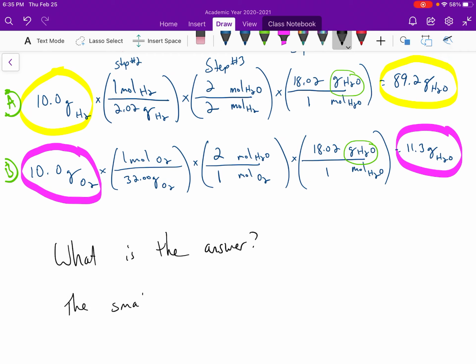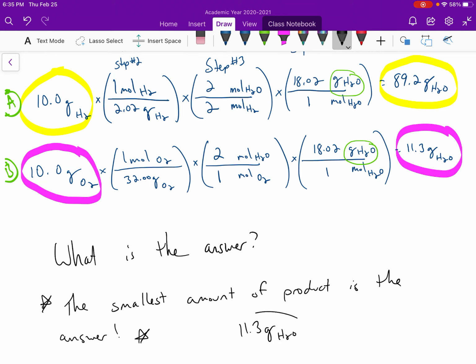The smallest amount of product is the answer. Okay? The smallest amount of product after doing this is the answer. So in this case, our answer is going to be 11.3 grams of water.